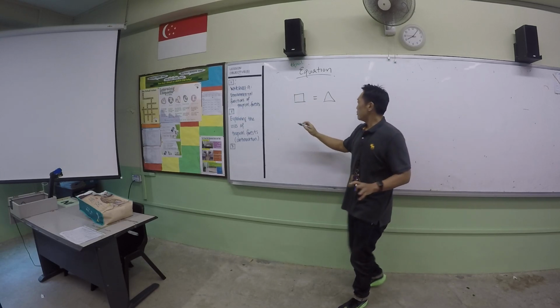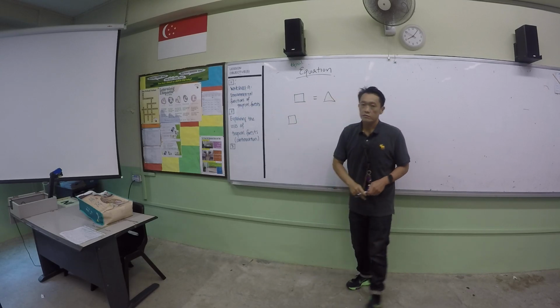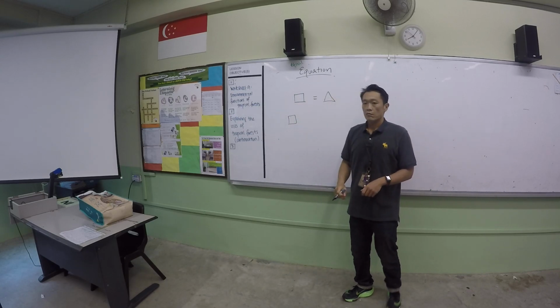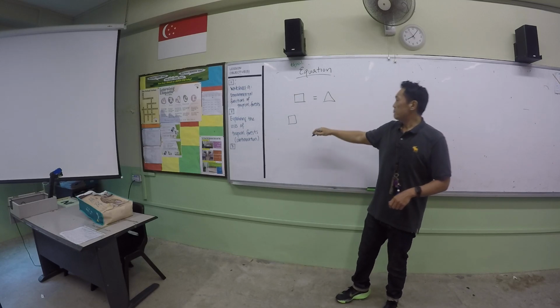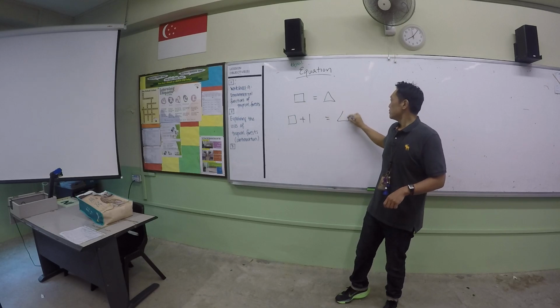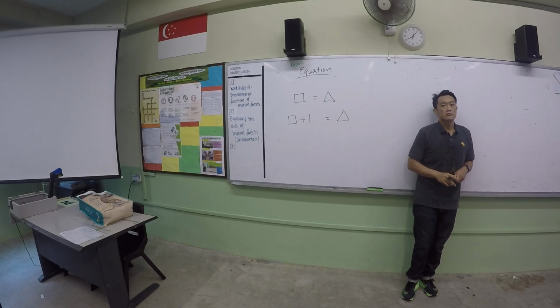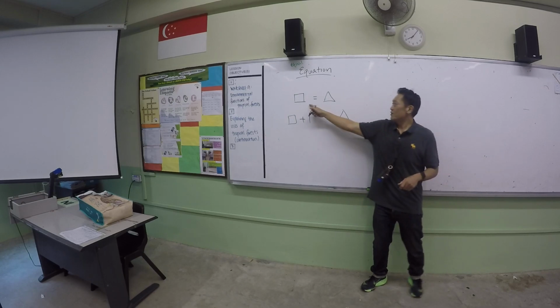If now this square, I don't know what is this number, but if I add 1 to the left, is the left and right still the same? Yes. The two numbers are the same.